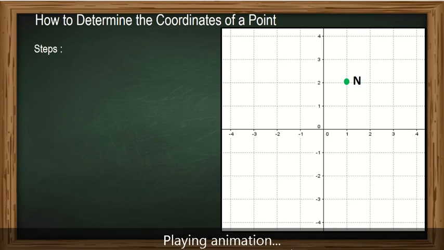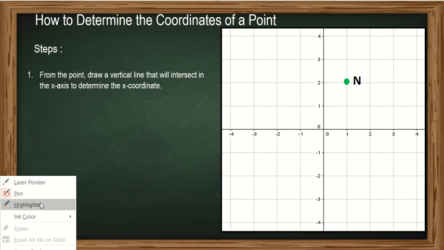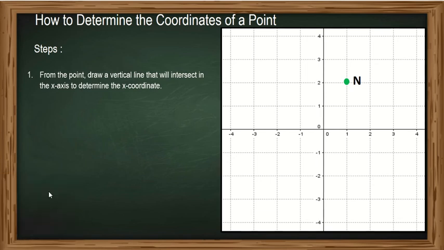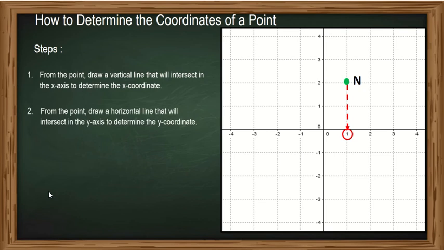Step 1. From the point, draw a vertical line that will intersect the x-axis to determine the x-coordinate, and that is 1. And then step 2, from the point, draw a horizontal line that will intersect the y-axis to determine the y-coordinate.